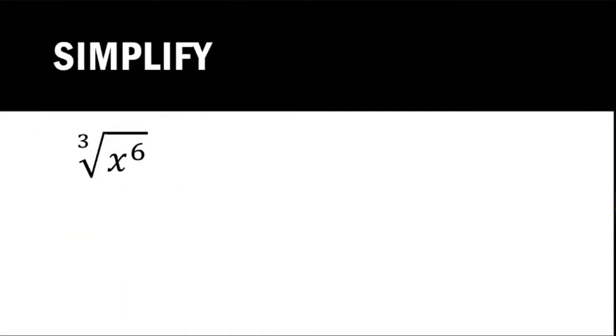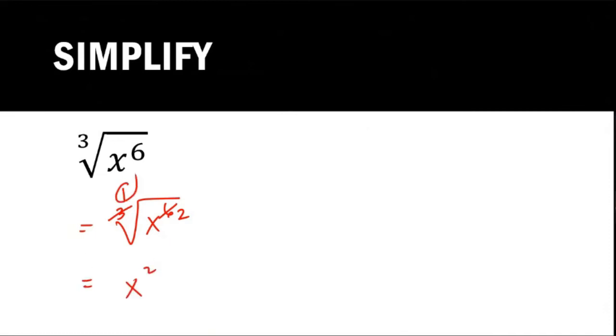How about if you have the cube root of x raised to 6? You can divide out the common factor between 6 and 3, and that is 3. So 6 divided by 3 is 2, and 3 divided by 3 is 1. Therefore, the answer will be x raised to 2.